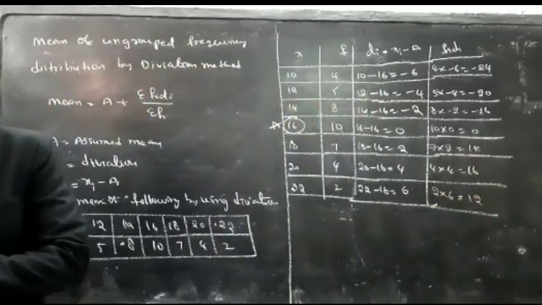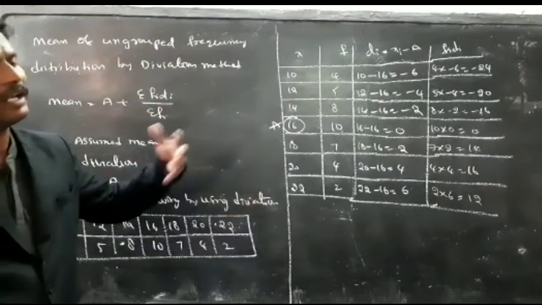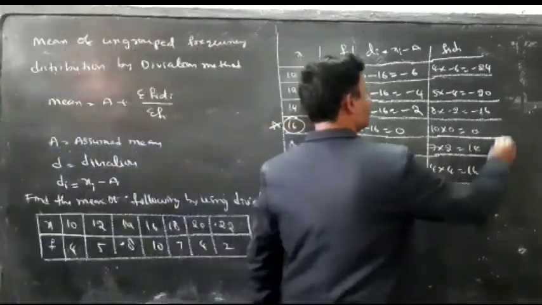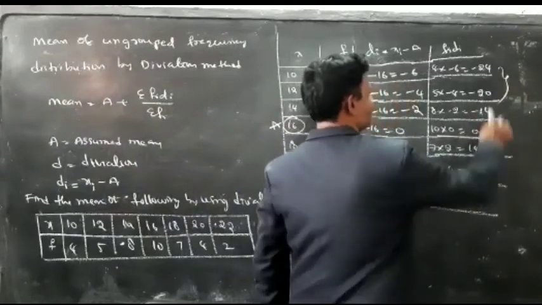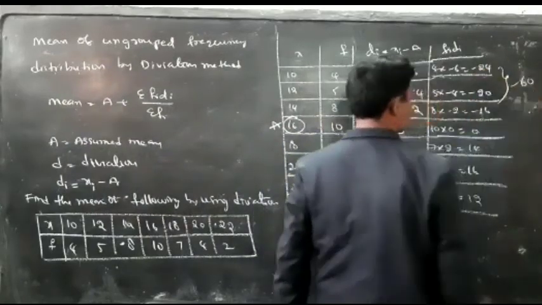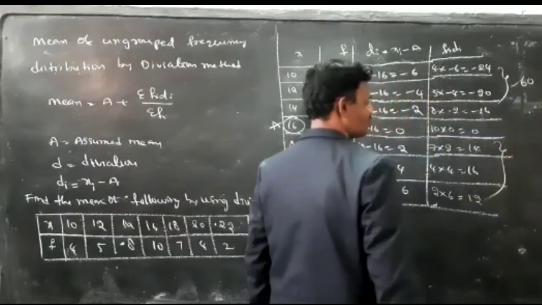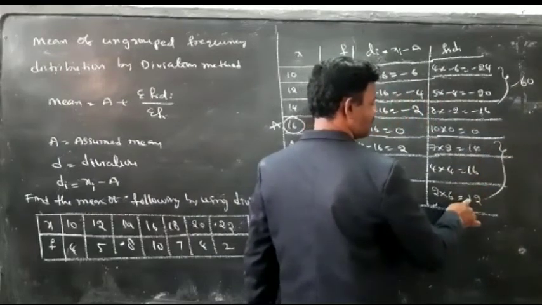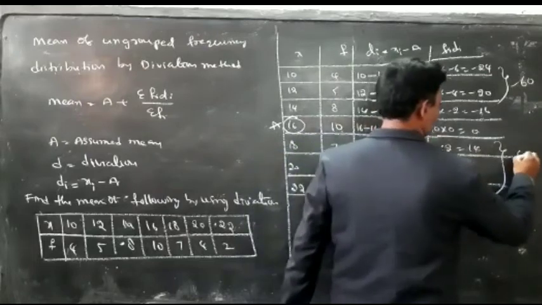Now add the positive values on one side and the negative values on the other. The negatives add up to minus 60, and the positive values add up to 42.